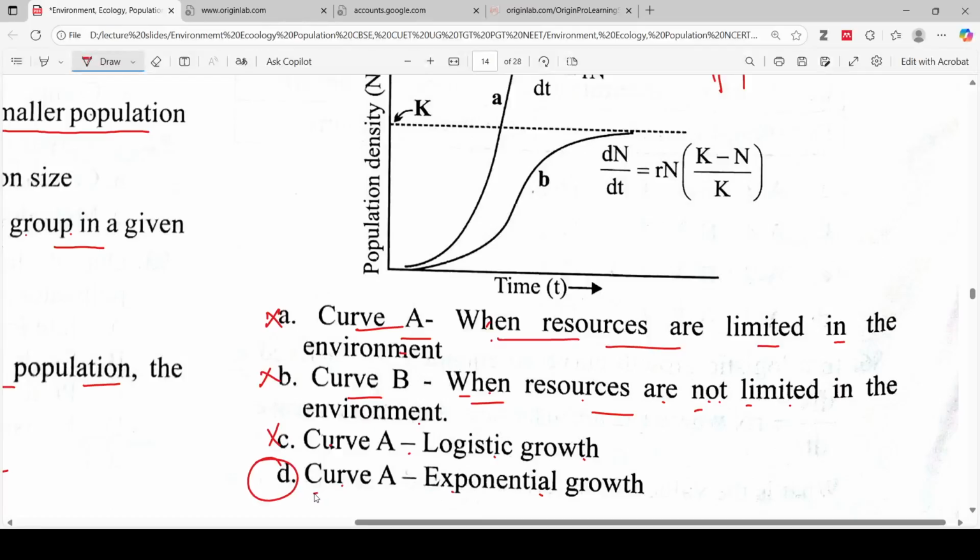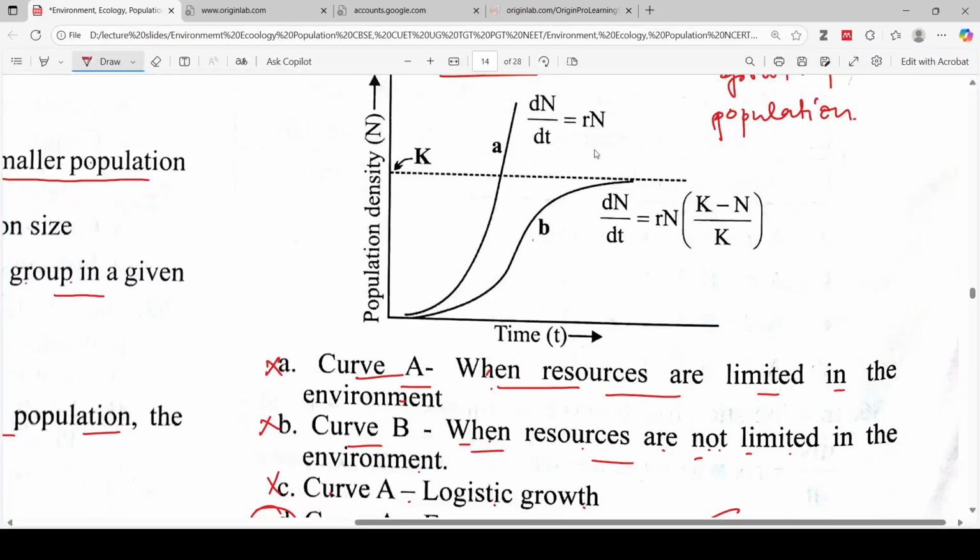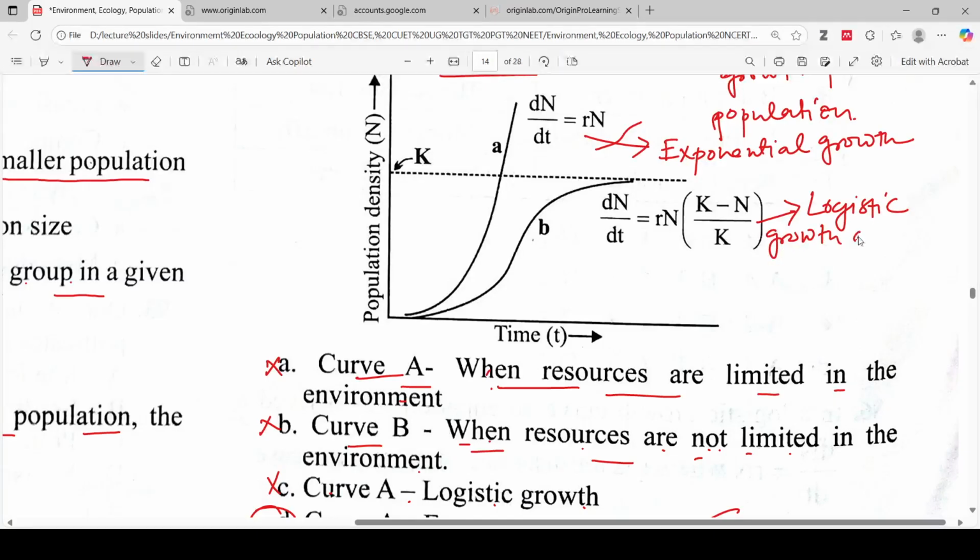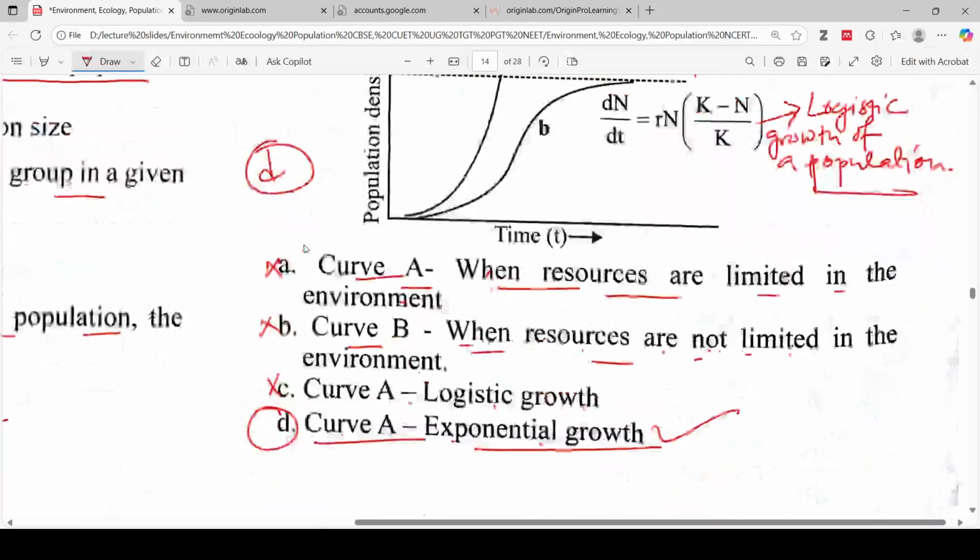So the correct answer is curve A exponential growth. So curve A is the exponential growth of a population and the other is the logistic growth of a population. So the correct answer is option D.